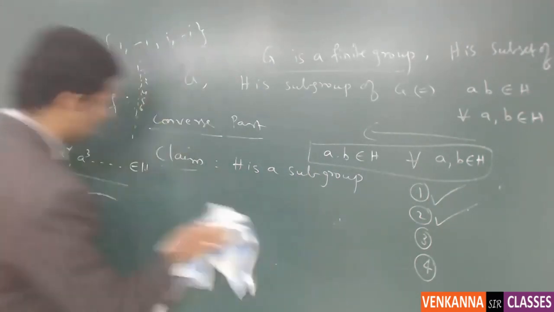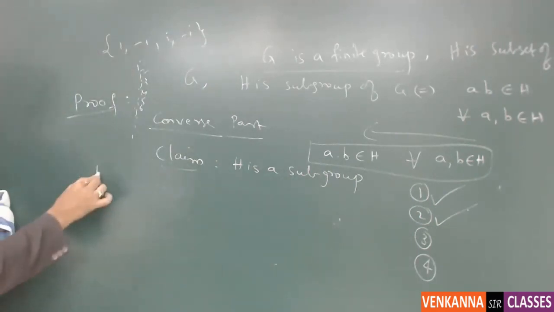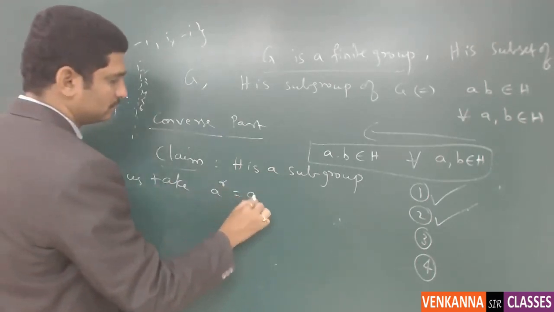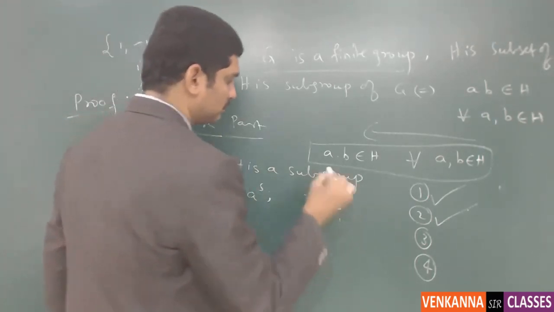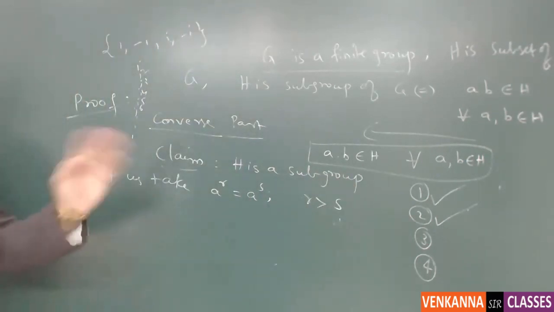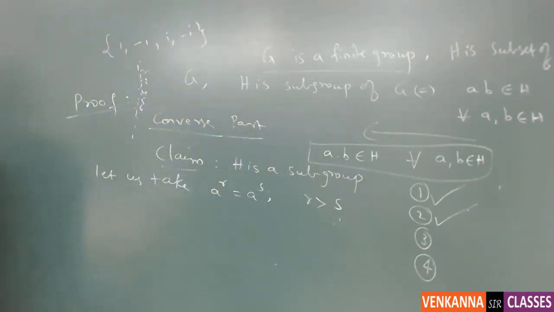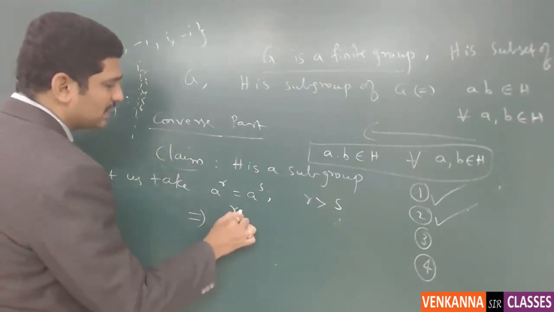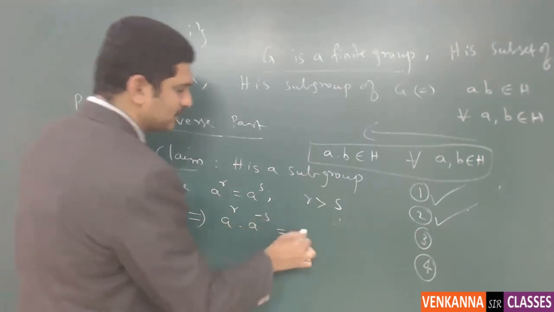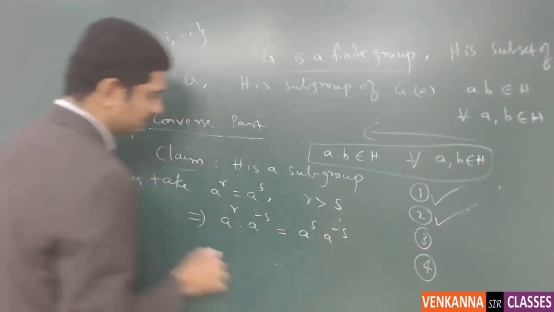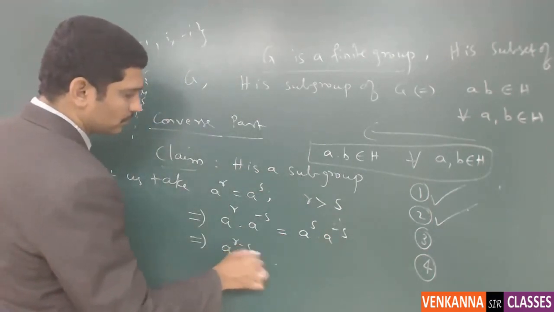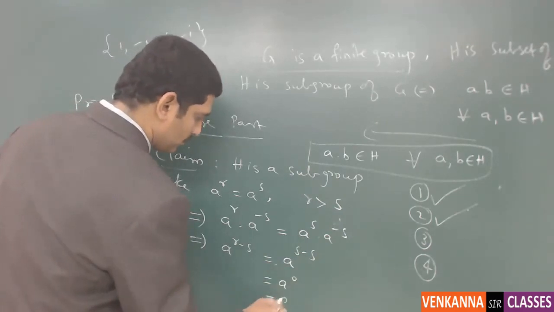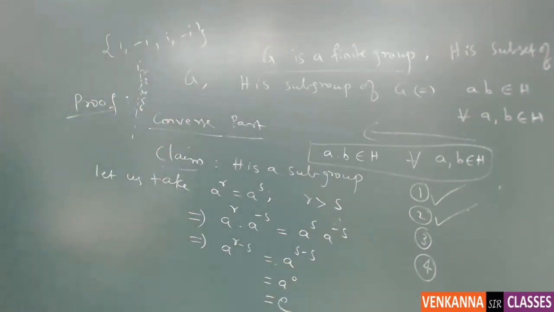So let us say that there are two powers equal. Let us assume that A power R will be equal to A power S, where R is greater than S. So implies if you consider A power R into A power minus S, it is identity.